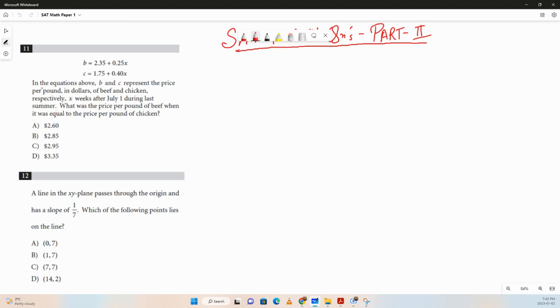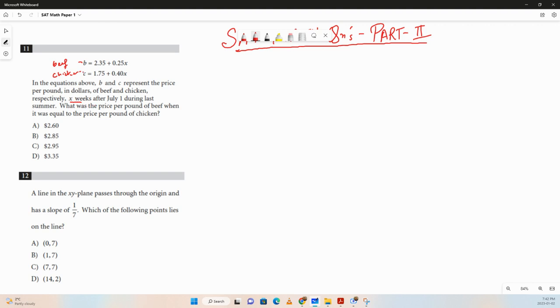Okay, so let's read. So in the question above, b and c represent the price per pound in dollars of beef and chicken. So b basically is beef and c is chicken, right? And basically the price per pound of these, respectively, x weeks after July 1. So x is basically weeks after July 1.